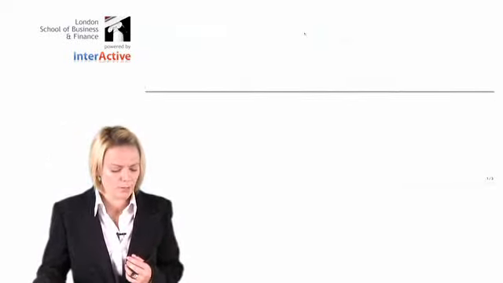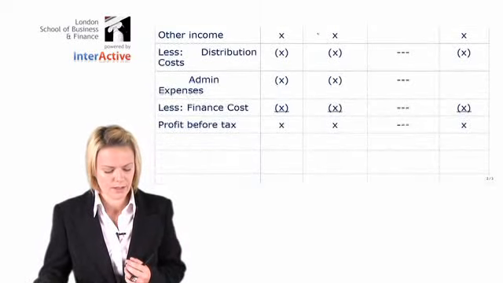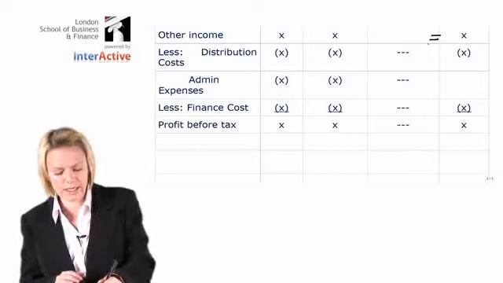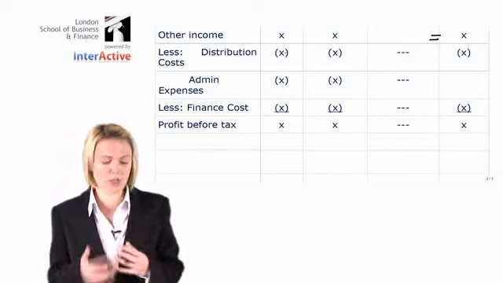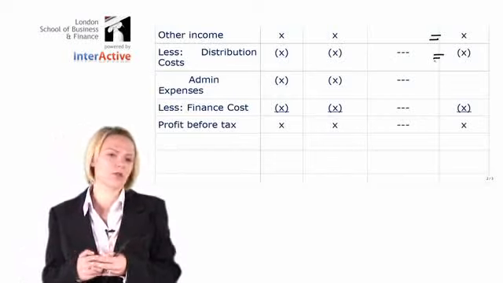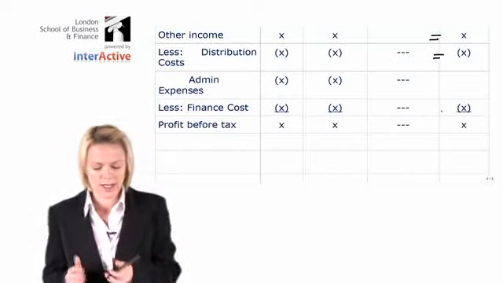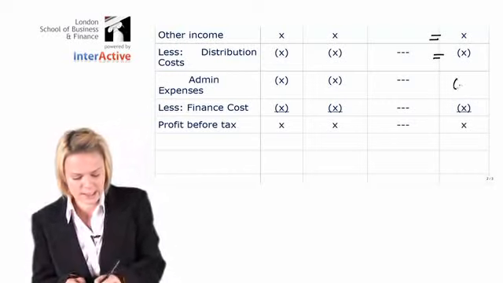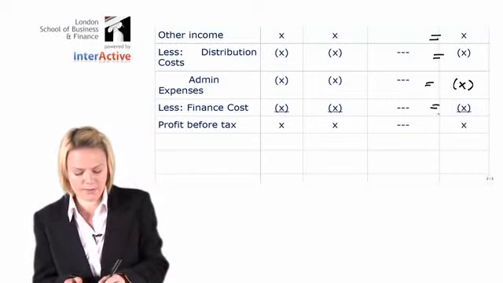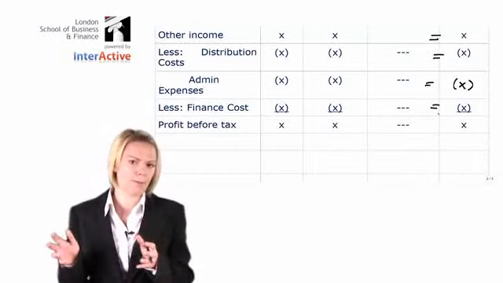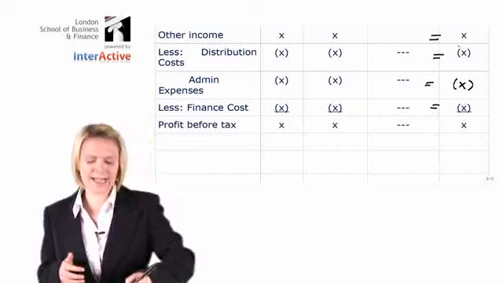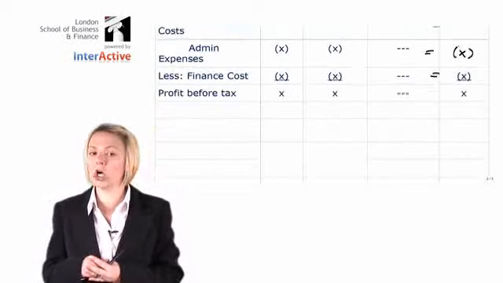Okay, so moving on then, we have other income, parent plus sub equals group. Distribution costs, parent plus sub equals group distribution costs. Same with admin expenses. And the same with finance costs, parent plus sub. Okay? We get profit before tax by adding down for each column.